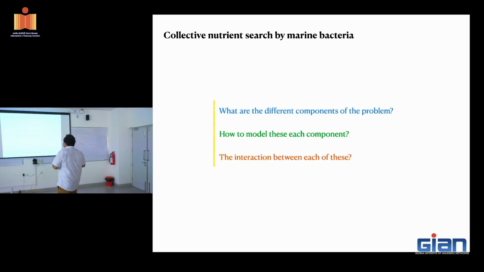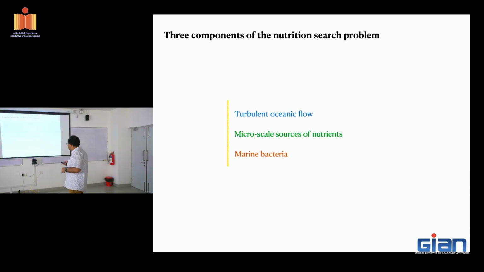So what are the different components of the problem? And how to model each of these components, and do these components interact with each other? How will they influence the dynamics of the other component?